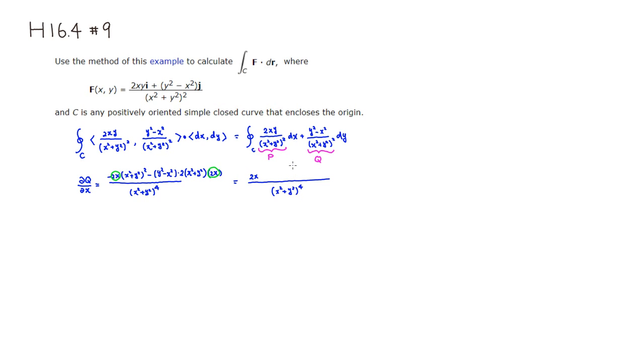What else is in common? We have a quantity x squared plus y squared. There are two of those, so I'll circle this so we know there's another one. Anything else?